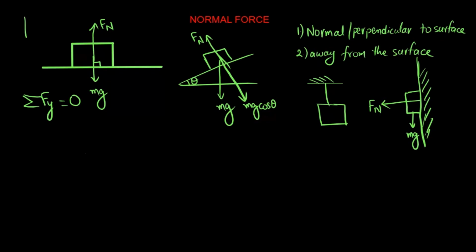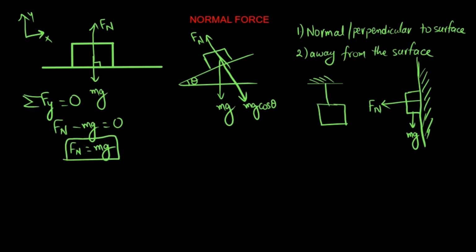We know that y is positive going upward and it's negative going downward. Fn is upward, so it would be plus. mg is downward, so it would be written with a minus sign. The force equation is Fn minus mg equals 0. Isolate Fn, it is equal to mg.